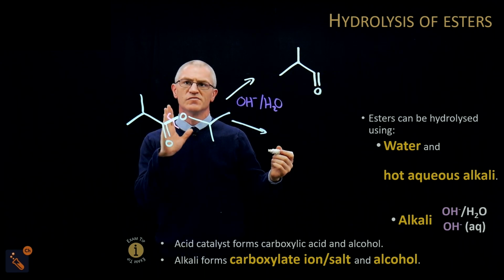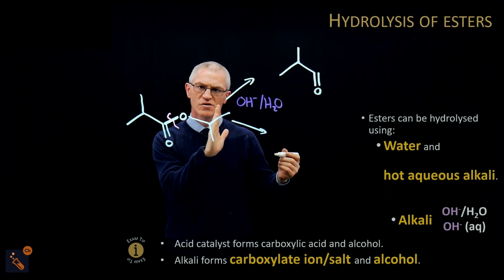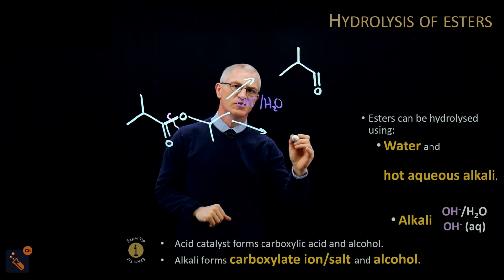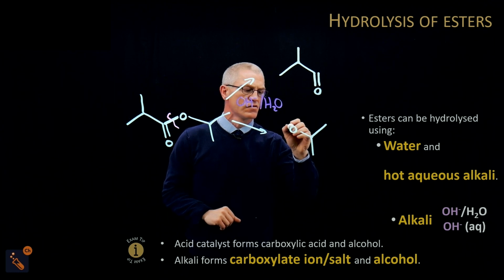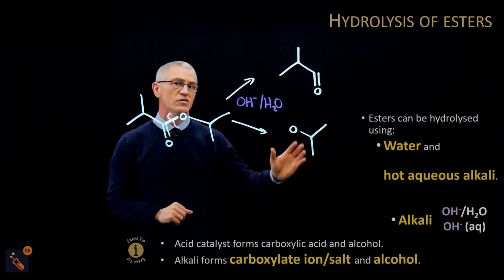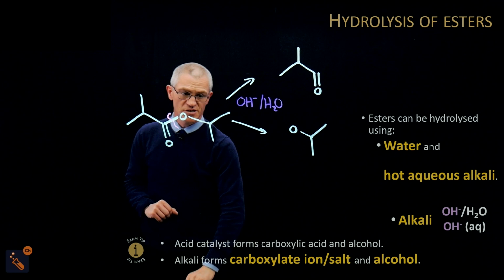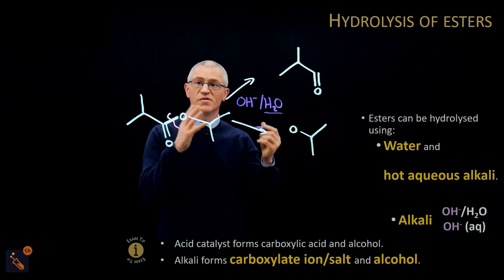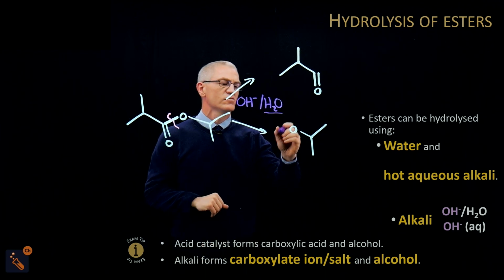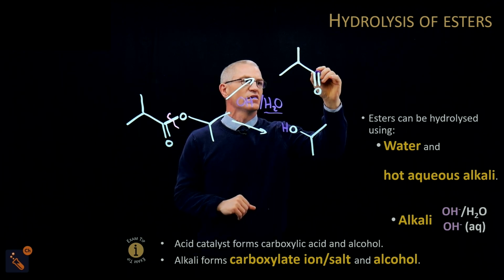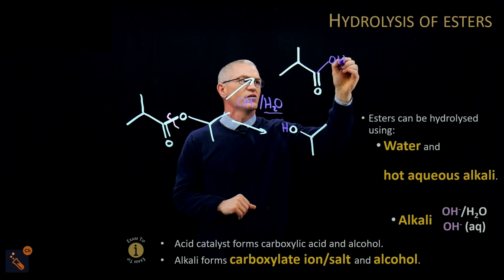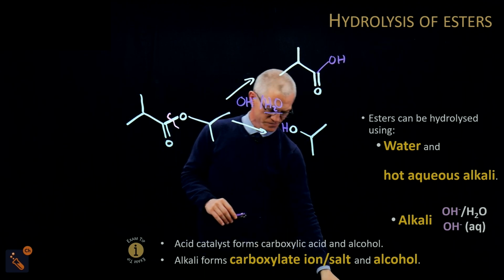I've drawn it from that side, and then I'm going to draw it from this side. And there you go, so you have your parts. Now I'm going to add my H2O in the form of OH and H. So there's my H to turn it back into an alcohol, and there is my OH there.